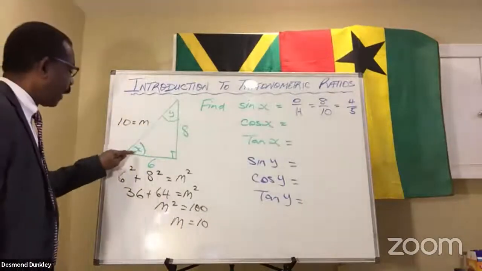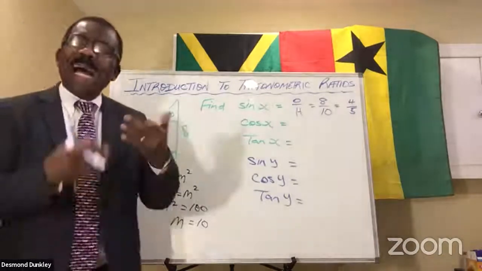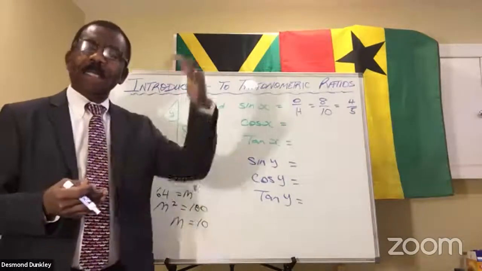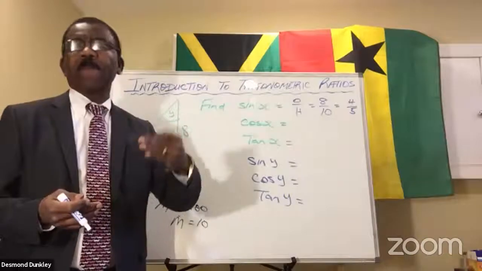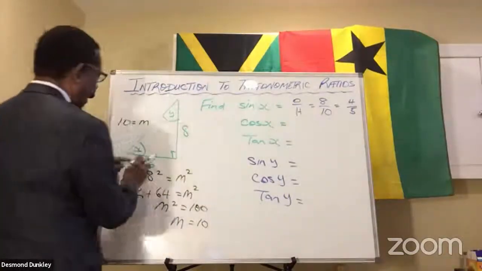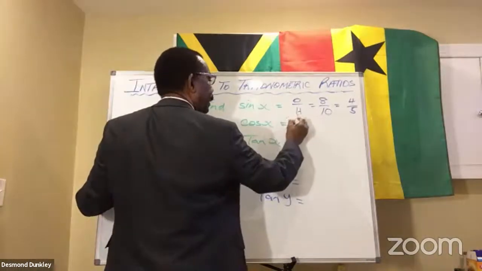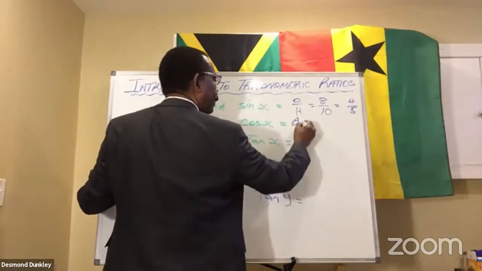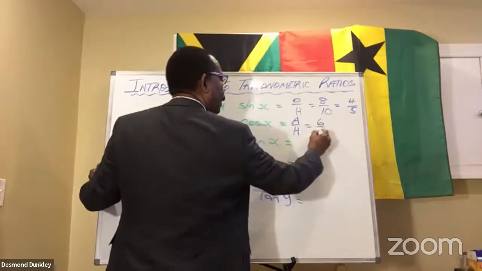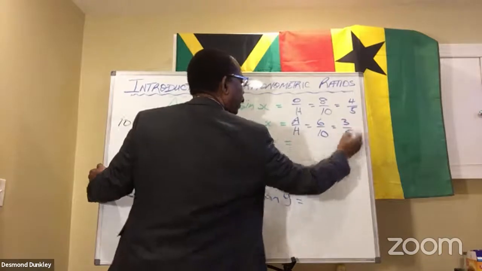What about cosine of X? That's adjacent over hypotenuse. Cosine is CAH, C-A-H, cosine is adjacent over hypotenuse. So therefore the adjacent is 6, the hypotenuse is 10. So we could write it's adjacent over hypotenuse equal to 6 over 10 equal to 3 over 5.